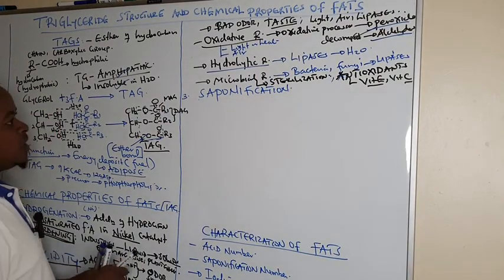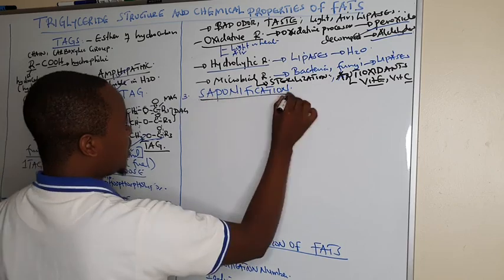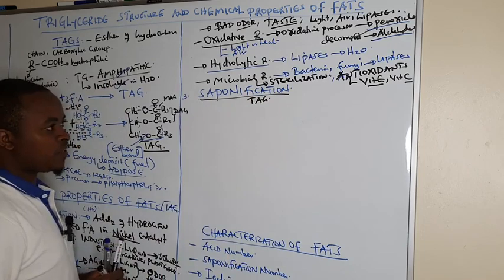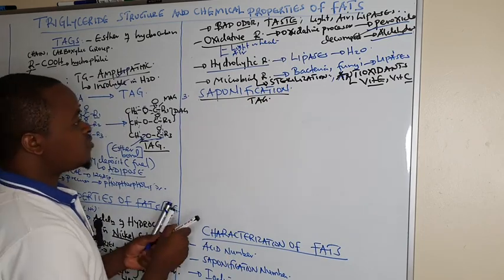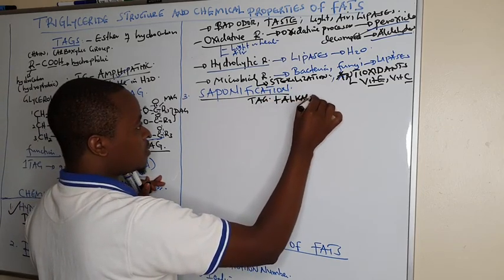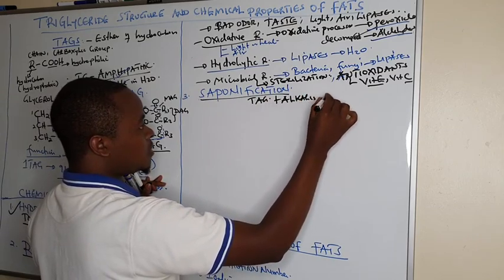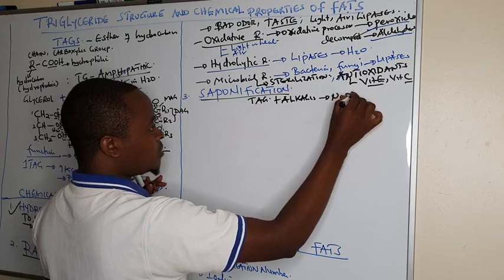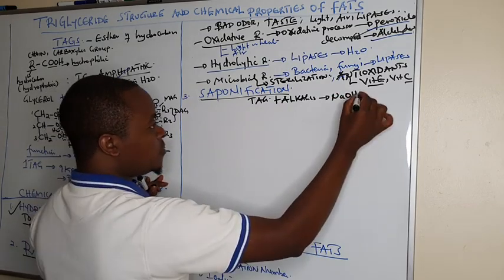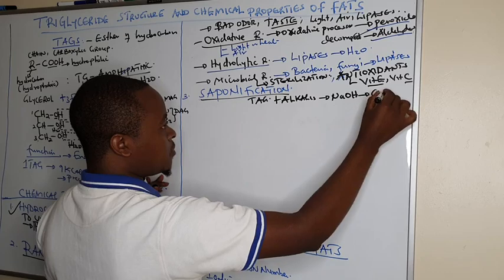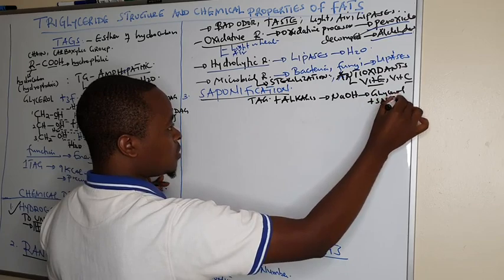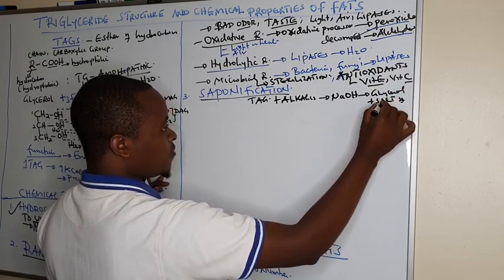Then the last reaction of fats, and this one especially occurs on triglycerides, is saponification, whereby triglycerides in the presence of alkalis like sodium hydroxide or potassium hydroxide are able to form glycerol and a salt of fatty acid.